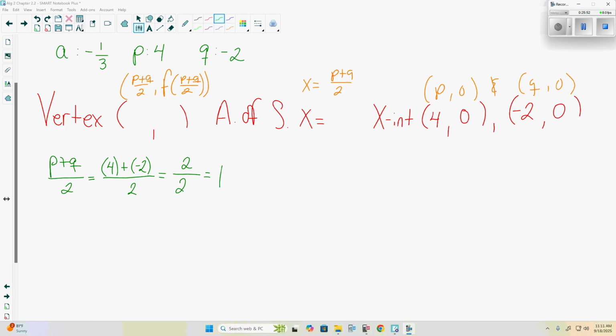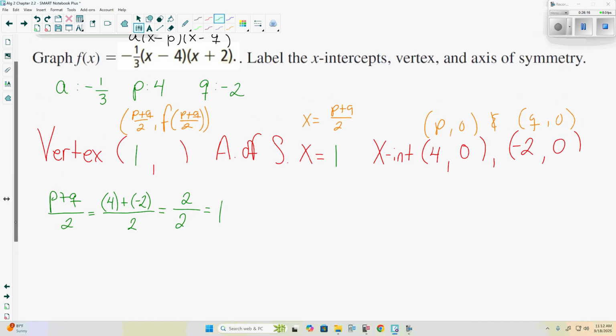That's the nice thing about addition. No matter how we add two things, we get the same number. So that really is why P and Q are interchangeable. Now, we plug the value (P plus Q) over 2 in its two spots: the x value of the vertex and our axis of symmetry.